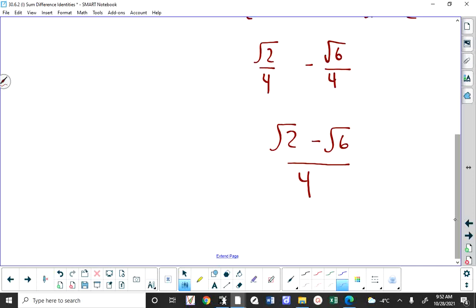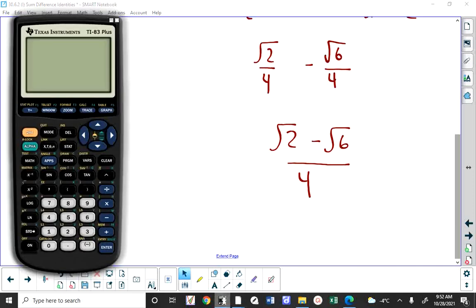And if you would have taken your calculator and taken cosine of 105 degrees, you'd be looking at a number. I'll show you the number. You would be looking at this number. There's no way you're going to know that that number is root 2 minus root 6 all over 4, but it is.